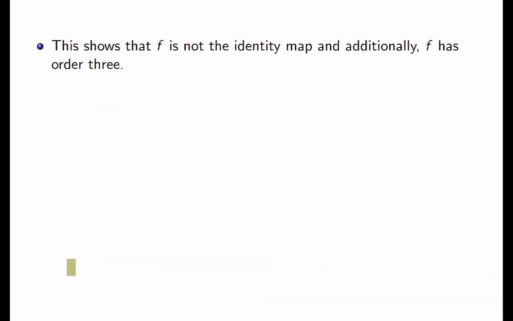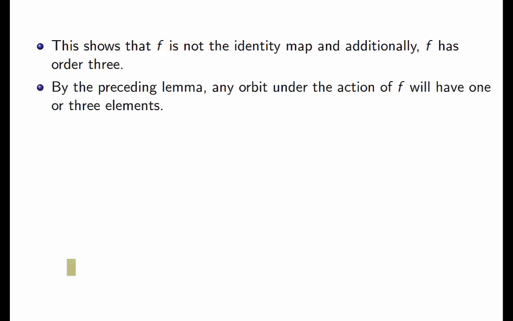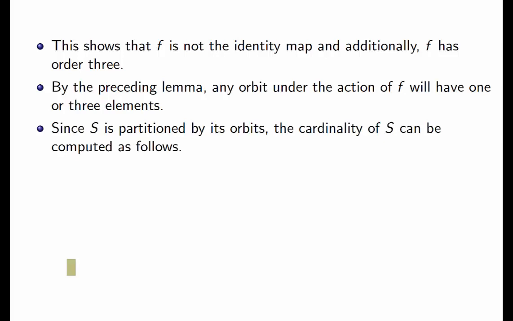Now, since f has order 3, you can check that if you're just shifting the components around once, then since you have 3 components, if you shift 3 times, you get back to where you started. By the preceding lemma, any orbit under the action of f will have 1 or 3 elements, since 3 is prime. Since S is partitioned by its orbits, the cardinality of S can be computed as follows.